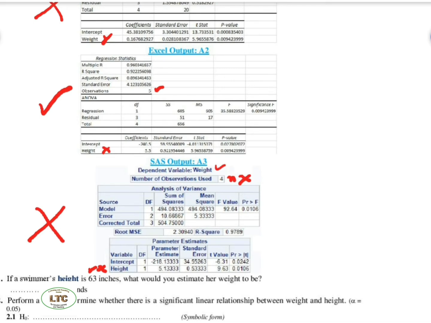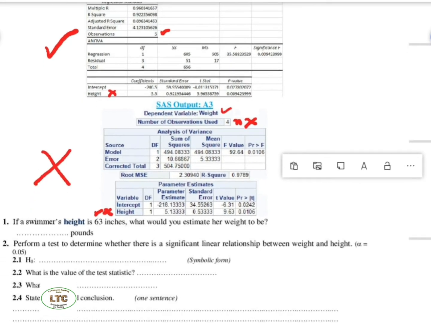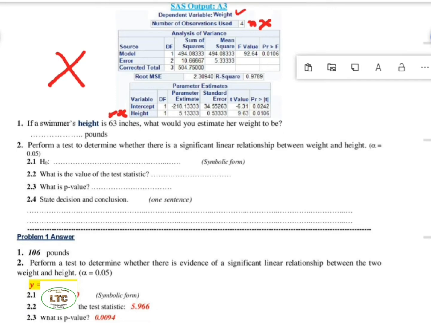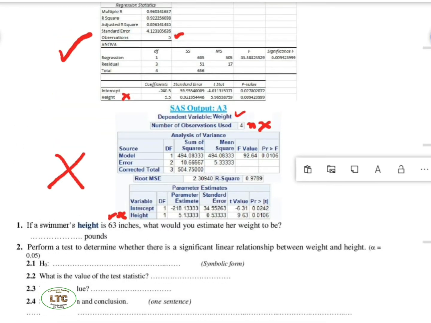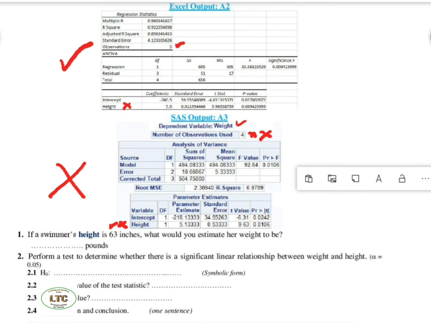Problem 1. If a swimmer's height is 63 inches, what would you estimate her weight to be? X is 63. Estimate weight Y hat.